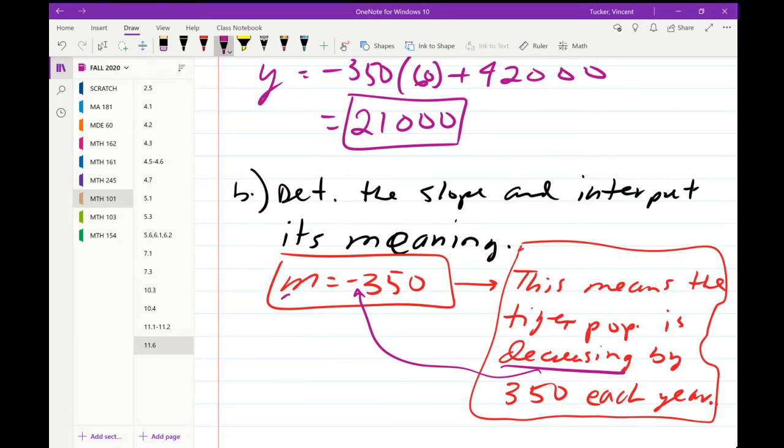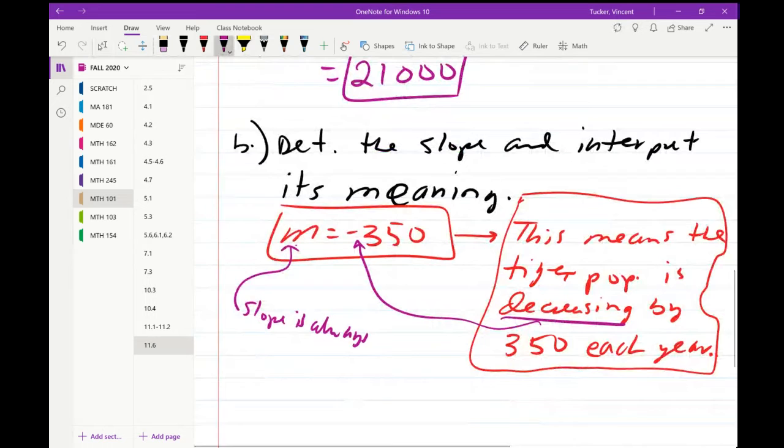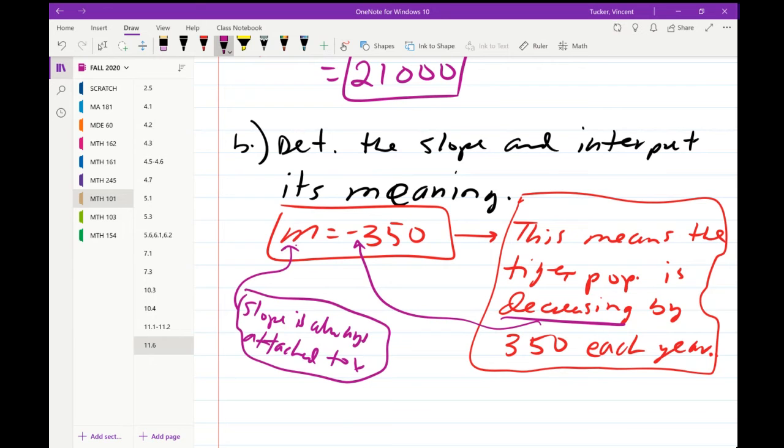And just to repeat what I said, your slope is always attached to x.